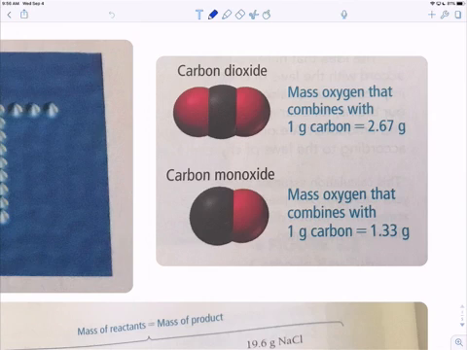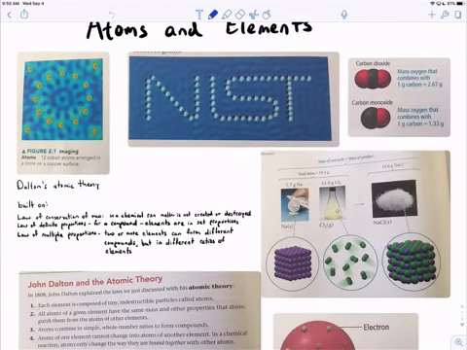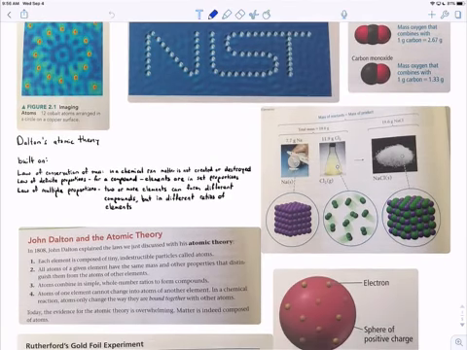So carbon monoxide being 1 gram of carbon to 1.33 grams of oxygen, that's the law of definite proportions. And the fact that we can form two compounds of different ratios, that's the law of multiple proportions. And the ratios are set.